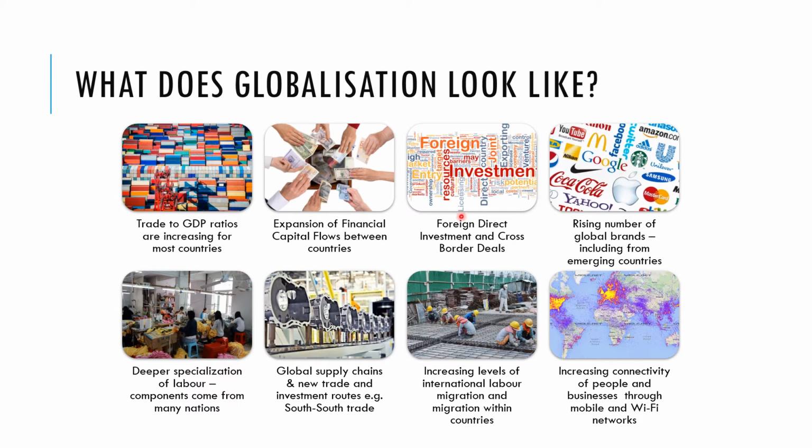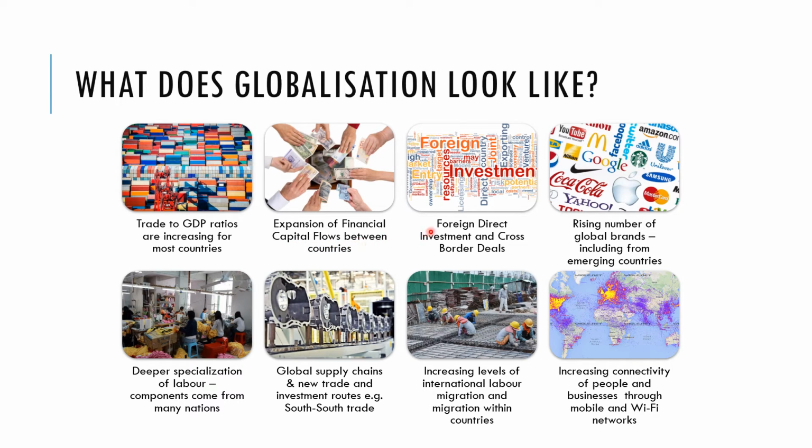If we go around the clock here, an increasingly globalized world sees much more trade between countries, and the amount of trade compared to the size of what's being produced in total increases as the world becomes more globalized. We also see an expansion of financial capital, so money and investment flowing between countries.